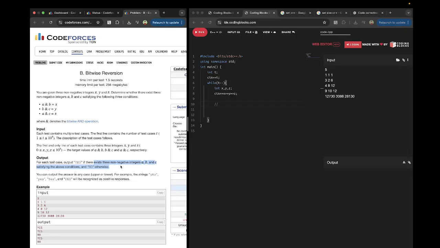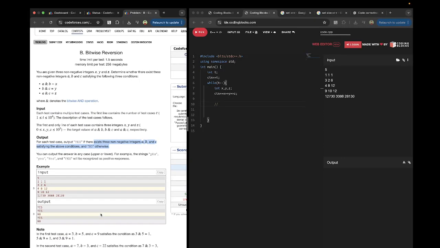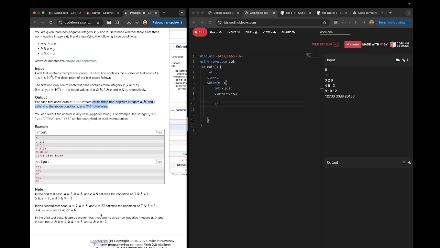Since we only have to print yes or no, let's look at some examples. That was easy.